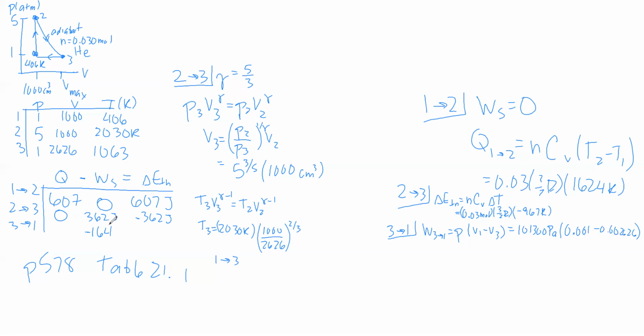It's because you have to do work on the system to get it back to its starting position. Remember, this gas just shot up. It did work on the environment at the expense of losing its energy. And so now the environment has to do work back on it to bring it back to where it started. But fortunately, the environment does less work to bring it back to its starting point than the amount of work that the system did on the environment, right?